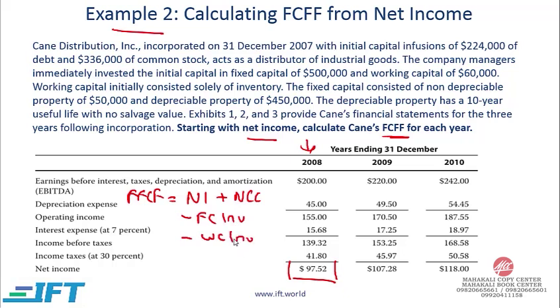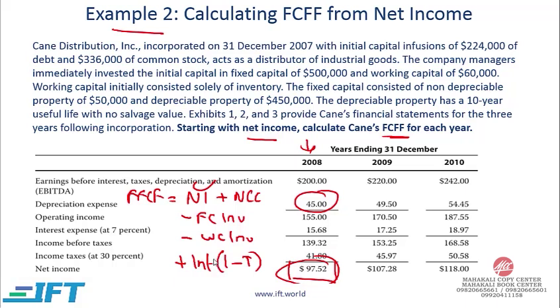In this relatively simplistic example, we have the net income for 2008, so that number is given, plus non-cash charges, that's the depreciation, and I actually forgot something. I need to also add back the interest times (1 minus t).